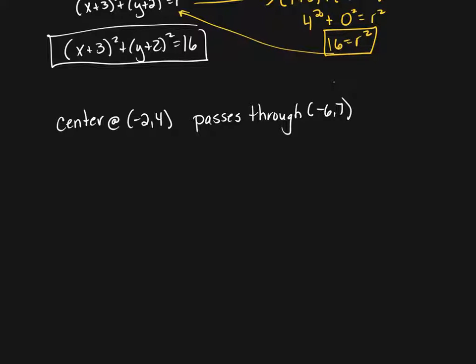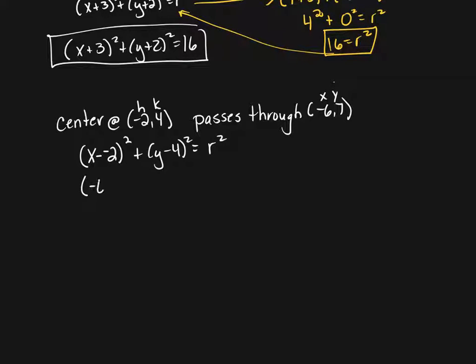So once again, as we plug in (x - h)², remember this is h and k because it's the center, plus (y - k)² equals r². And this is an x and a y that make our statement true.